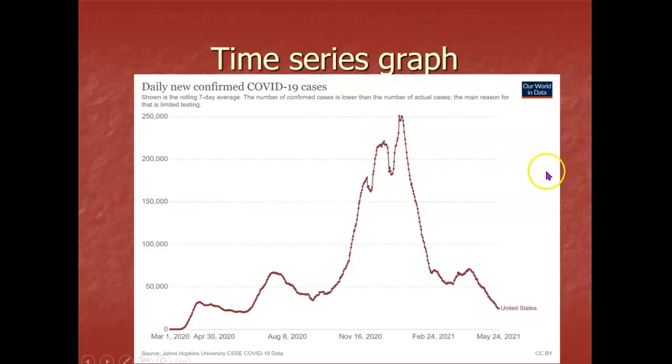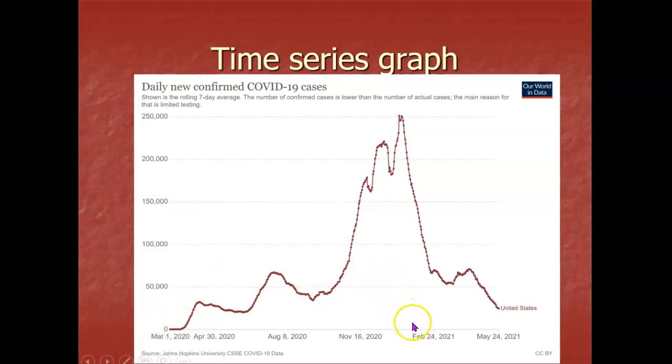Here's another example of a time series graph. This shows the daily new confirmed COVID-19 cases. So starting in March 1st of 2020, before most of us had heard about the coronavirus, and ending on May 24th of 2021, this shows how many new confirmed COVID-19 cases there were.